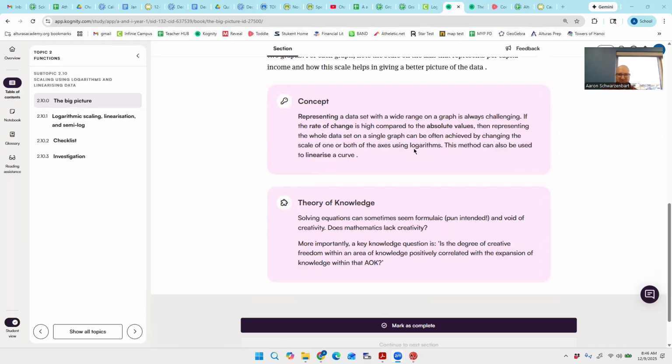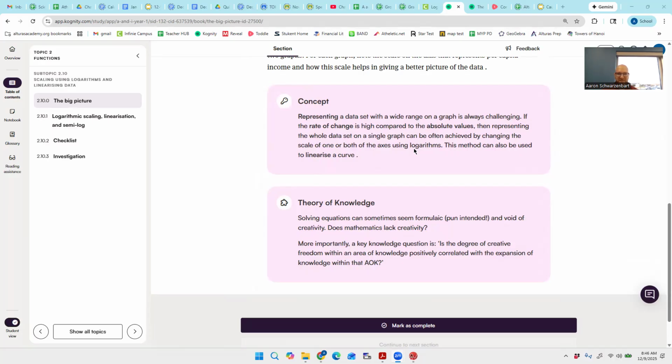Solving equations can somewhat seem formulaic and void of creativity. Theory of knowledge connection: does math lack creativity? Not really. There's a lot of creativity needed to solve real problems using math. And so it sometimes can start lacking creativity. You've got to learn how to do it this way, but it opens up and is used for all kinds of things.